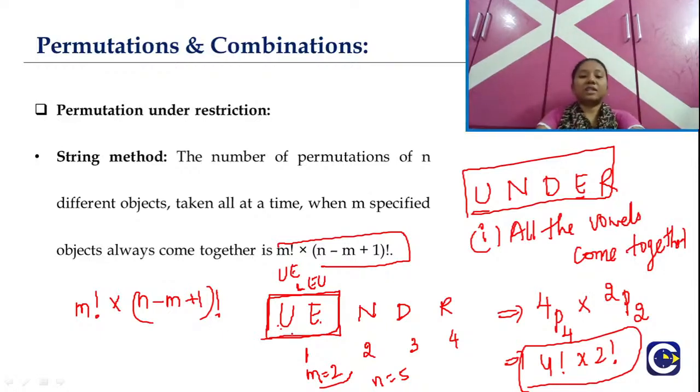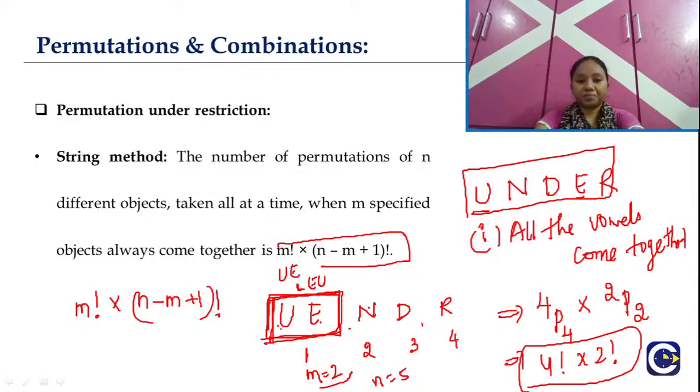This method is called the string method because we keep them in a box as a string and then count it as one. That's why it is called the string method when we have a condition that objects have to come together.